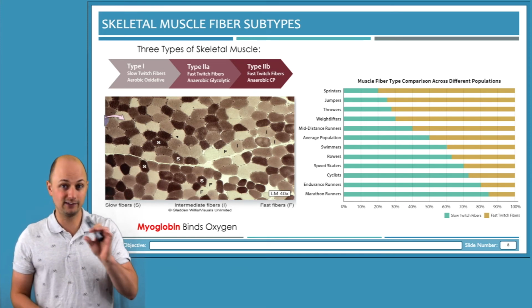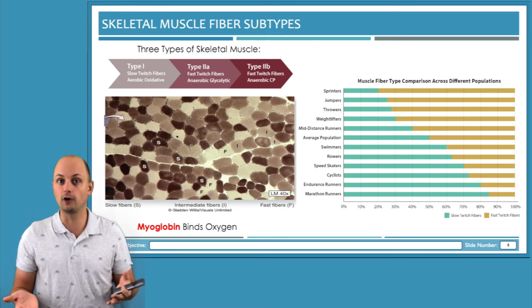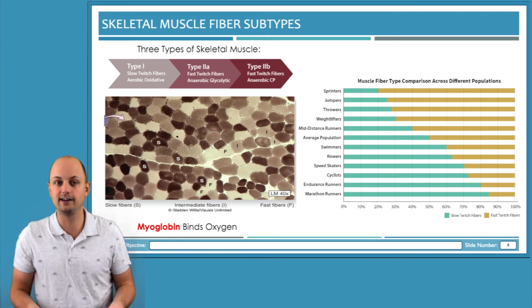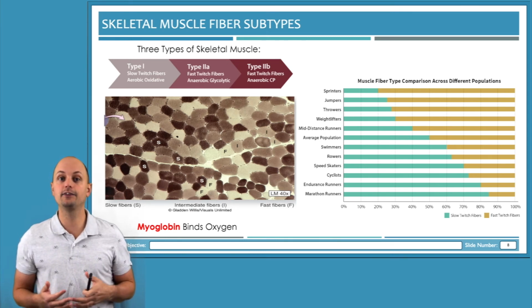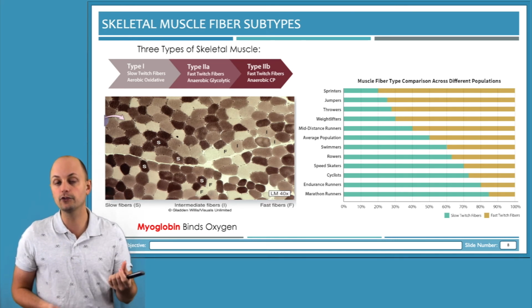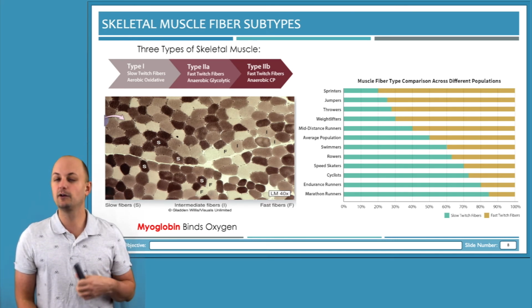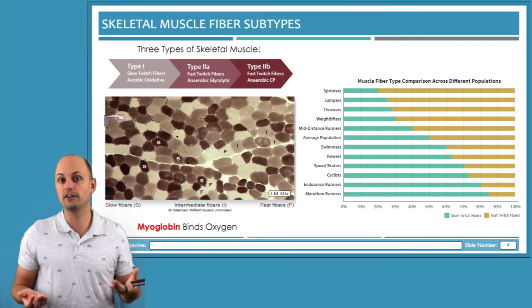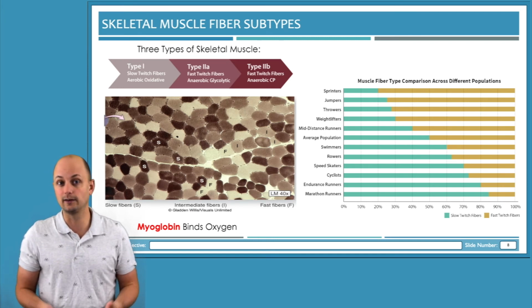If you put this thin cross-section under a microscope, which is what's happening on the left-hand side of the slide, you can see that the red appearance overall is actually created because some of the fibers are dark red, some of them are more pinkish, and some of them are actually white or translucent.